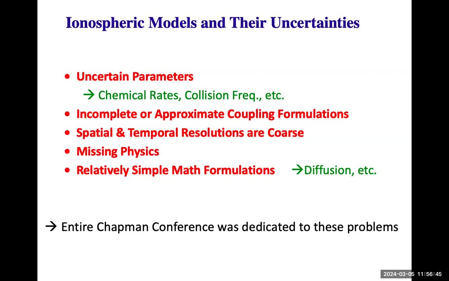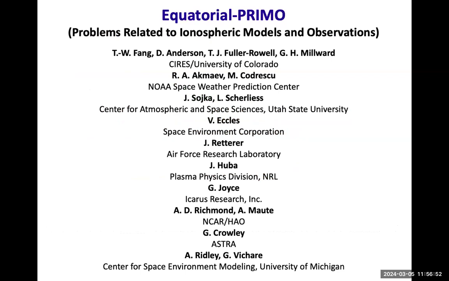There was an entire Chapman conference dedicated to this problem for the ionospheric models, and out of that came a study led by Zhuwei Fang, the equatorial PRIMO study, problems related to ionospheric models and observations.